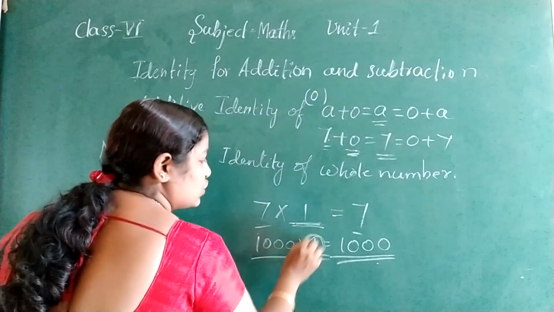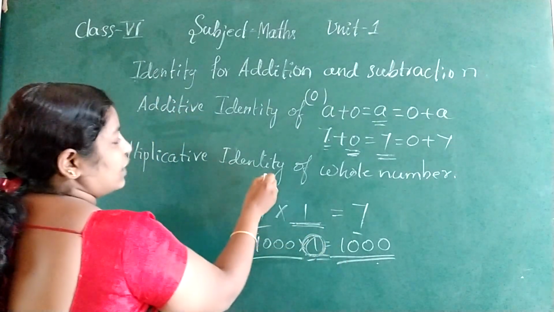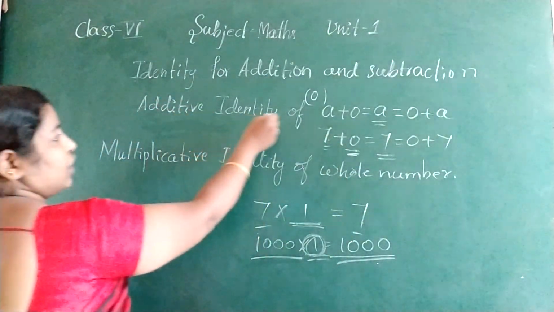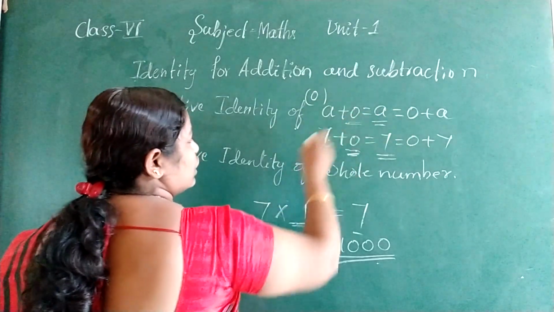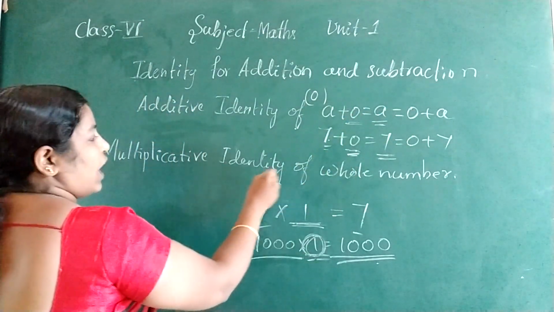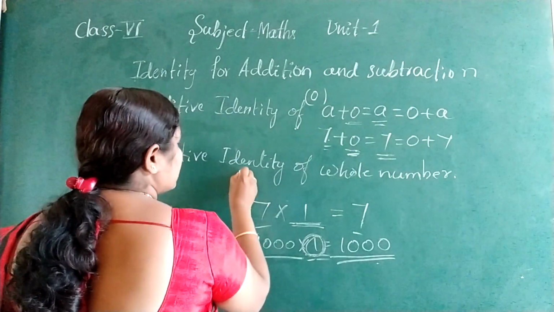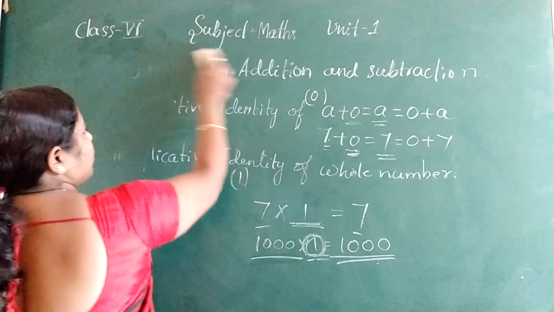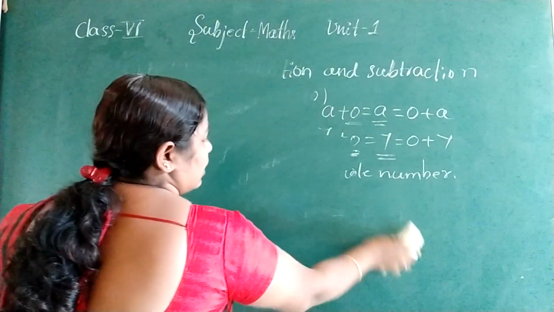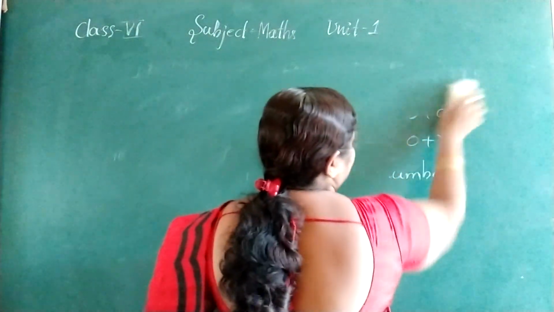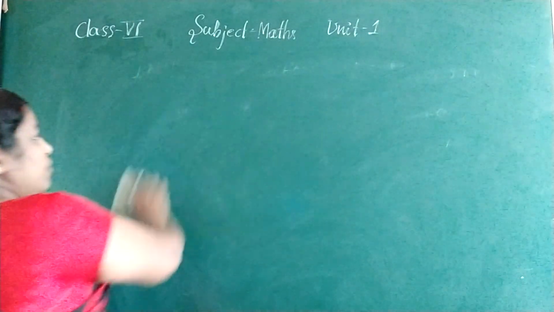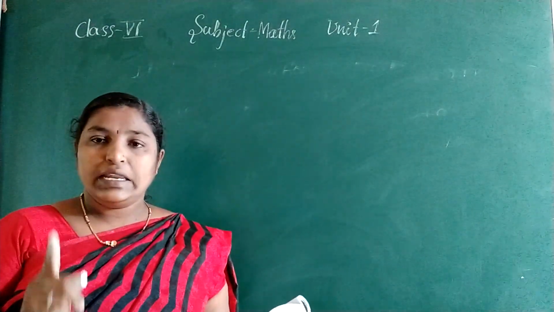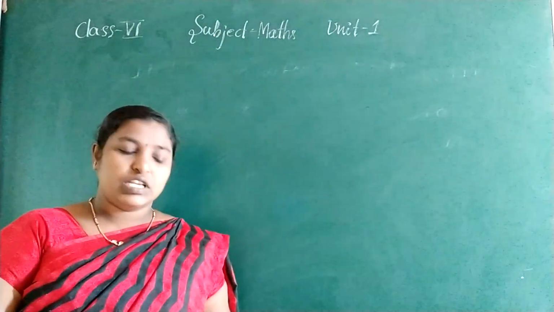So 1 is called the multiplicative identity of whole numbers. The additive identity of whole numbers is 0 and the multiplicative identity is 1. On the basis of these properties, we will solve problems and fill in the blanks in future.